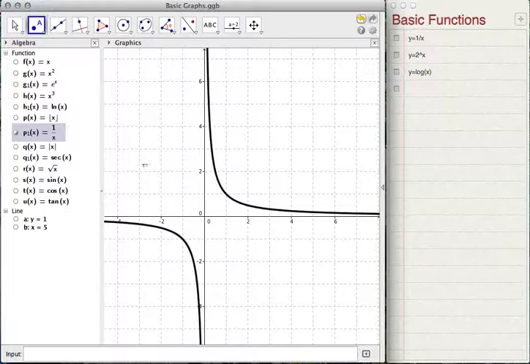The reciprocal function, y equals 1 over x, is an interesting one. Some key points that I would remember are definitely (1, 1) and (negative 1, negative 1). The fact that it has a vertical asymptote at 0, and a horizontal asymptote at 0 as well along the x-axis are some key ideas, not really points.